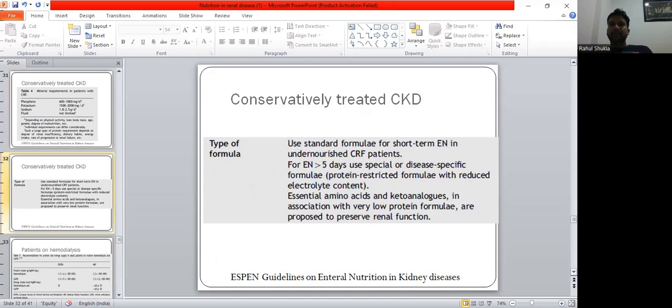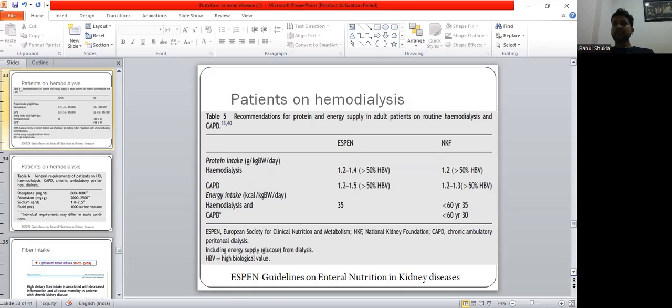Now, coming to the different formulations, like essential amino acid with keto analog have been found to be useful in retarding progression of kidney disease. And if the patient is on hemodialysis, then according to ESPEN guideline, 1.2 to 1.4 gram per kg per day protein should be given, and based on National Kidney Foundation guideline, it's around 1.2 gram per kg per day.